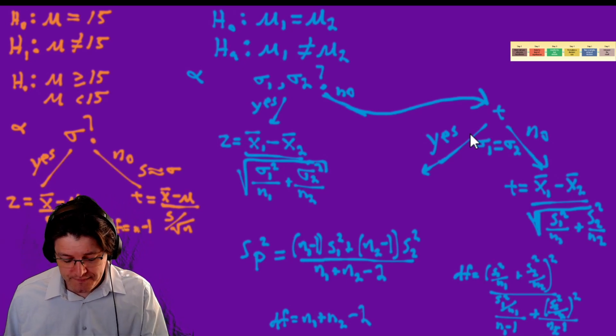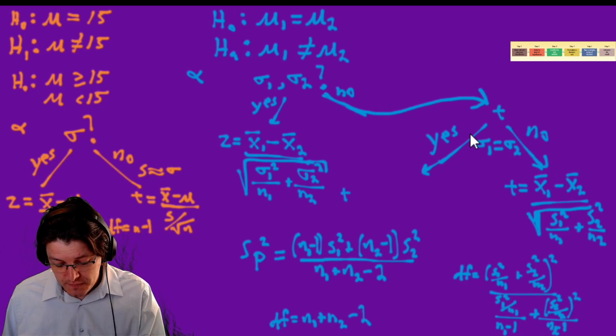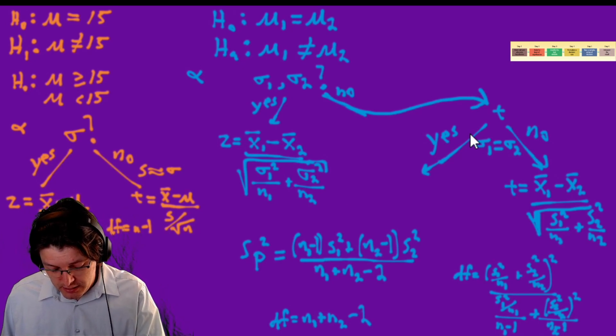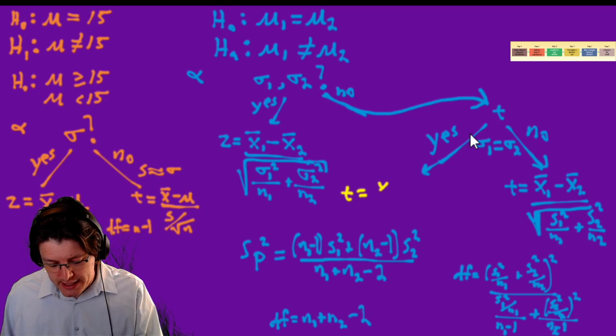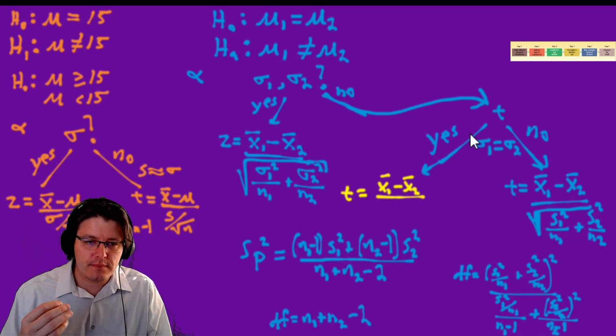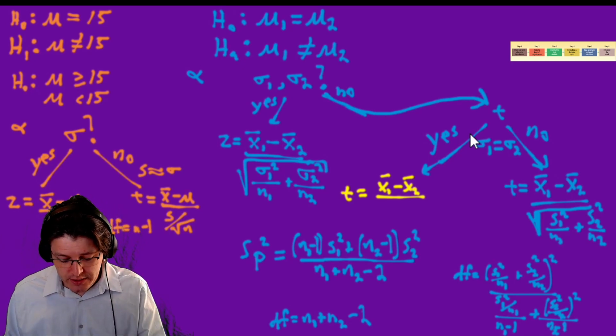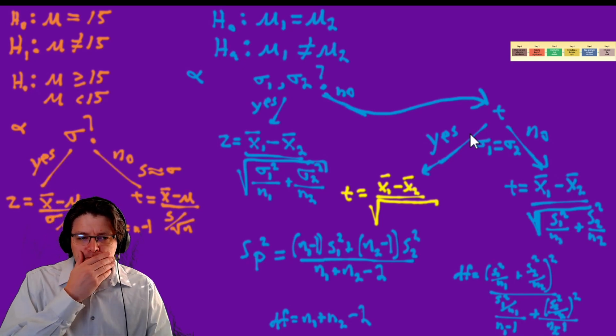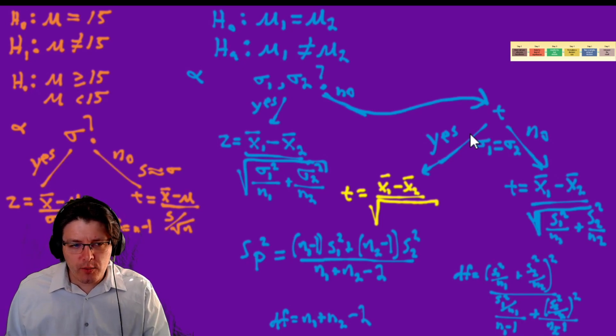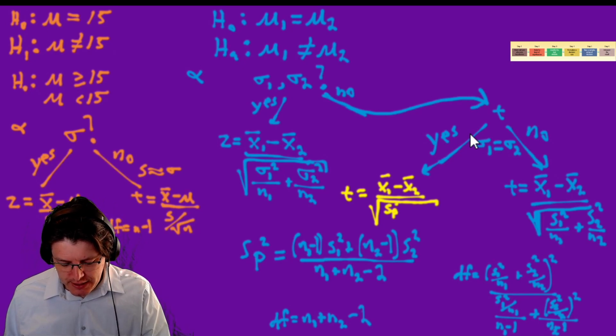And so we're going to use that. Jumping back up here, t then, again, the top is going to be the same, x bar 1 minus x bar 2. And the bottom, again, is how much this stuff moves around. We're able to change this a little bit, and really what we're doing is s_p squared over n1 plus s_p squared over n2.